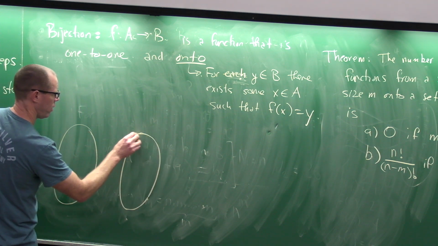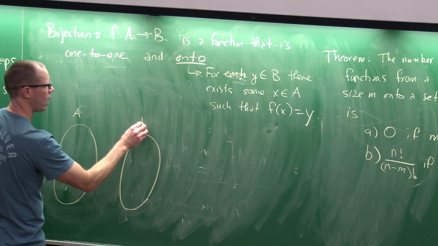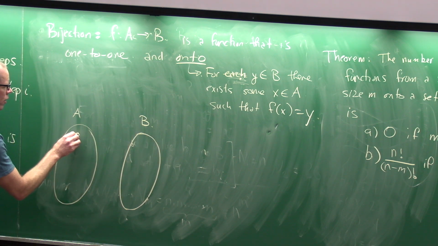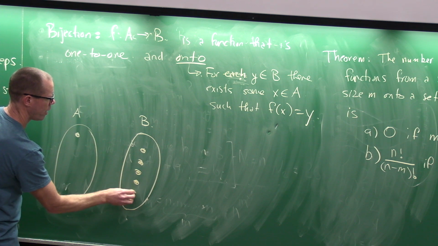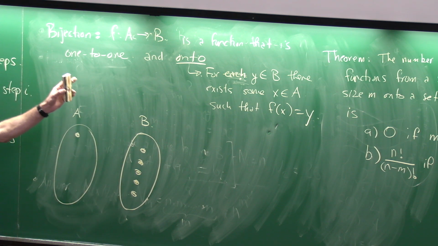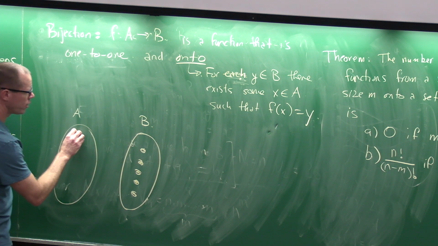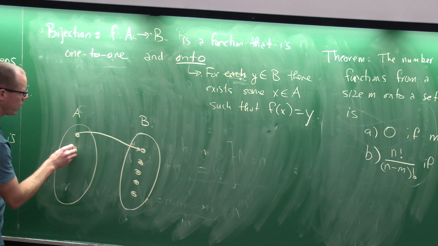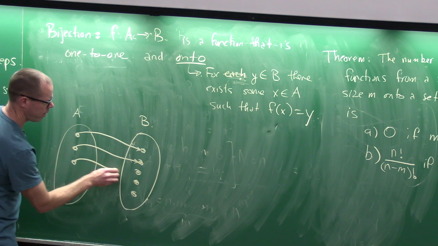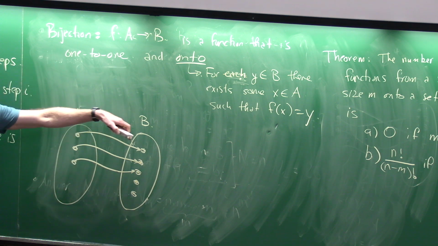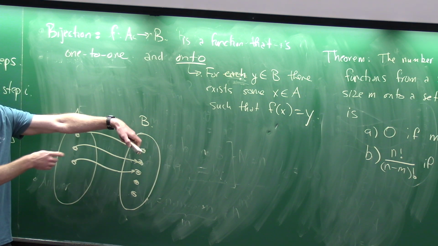So what does that look like? The bijection has these two properties. It's one-to-one and onto. One-to-one means that if I look over in B, each element has only one arrow coming into it.